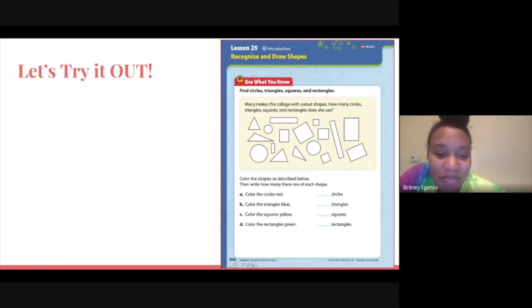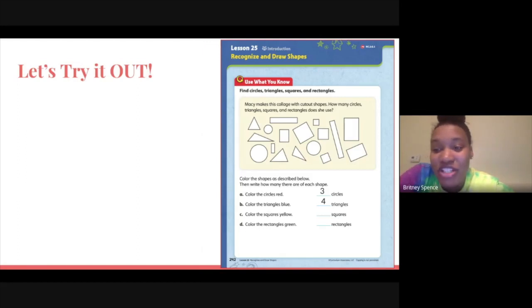Let's see. So did you get 3 circles? I did too. For our triangles, I counted 4 triangles. What about you? Remember, a triangle has 3 sides and 3 angles. Some triangles may not be the same in size or length, but once you get older, you'll figure out the different types of triangles there are.